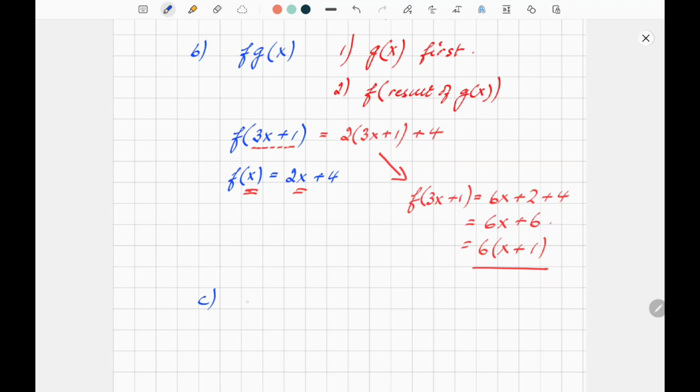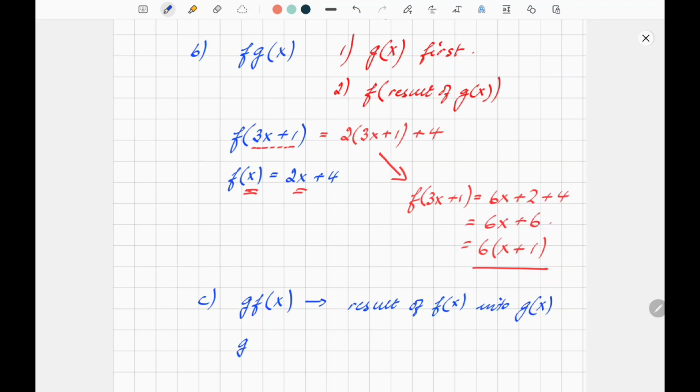And then we have part C, last part of that question. And now it's doing it the other way around. G f of x. So this one, you put the result of f of x into g of x. So remember f of x is 2x plus 4.